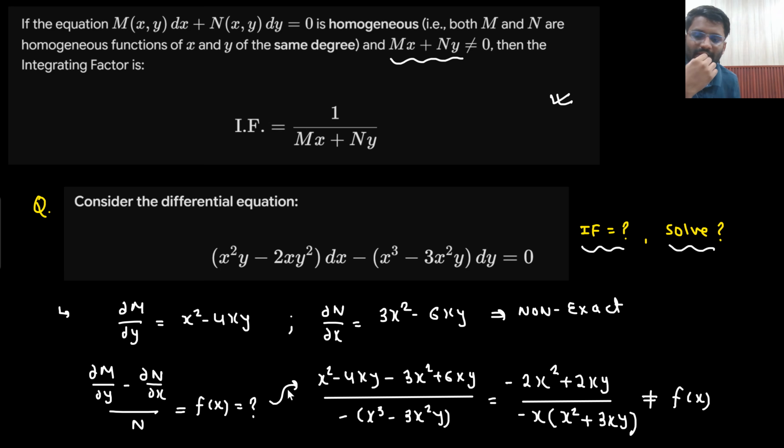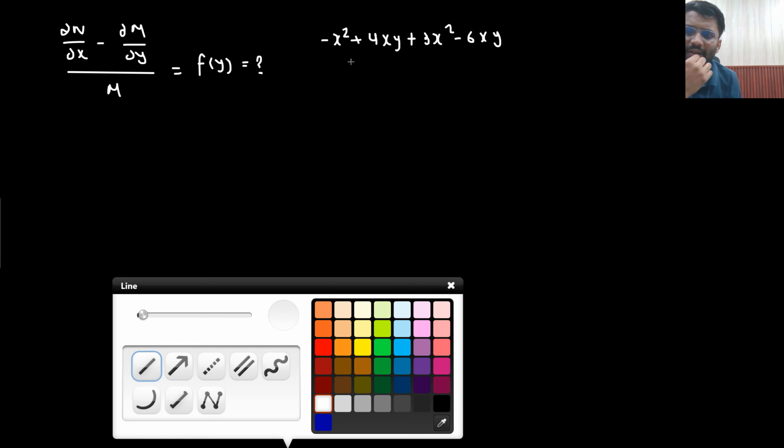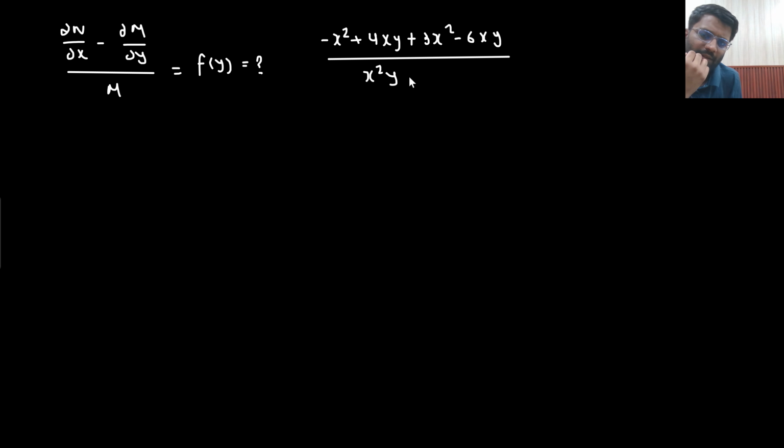I already know what the subtraction would be: minus x square plus 4xy plus 3x square minus 6xy, divided by M, x square y minus 2xy square. Surely it will not be a function of y as well. So, sir, type 4 is also not working.